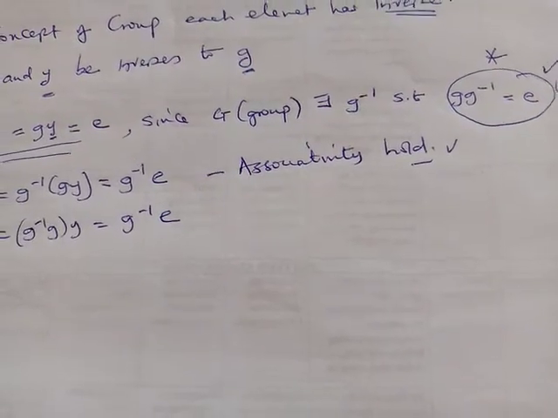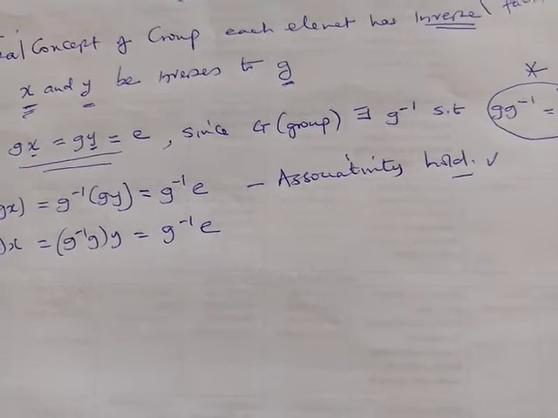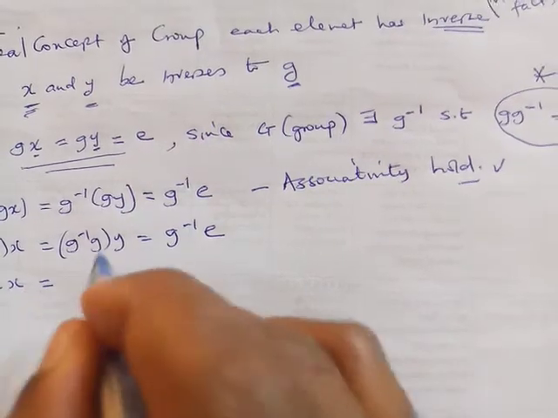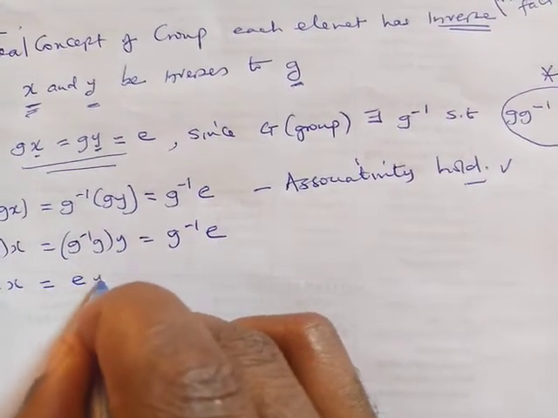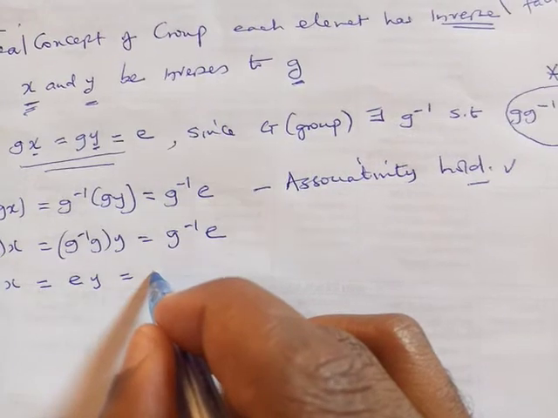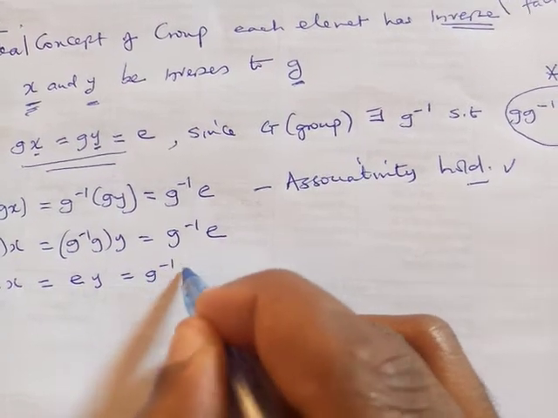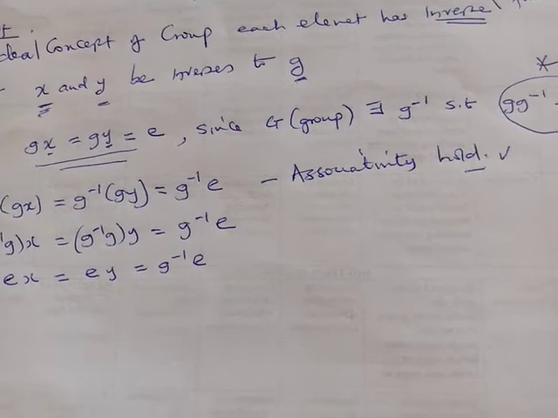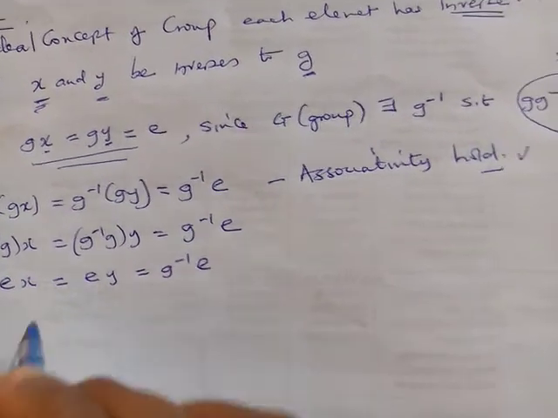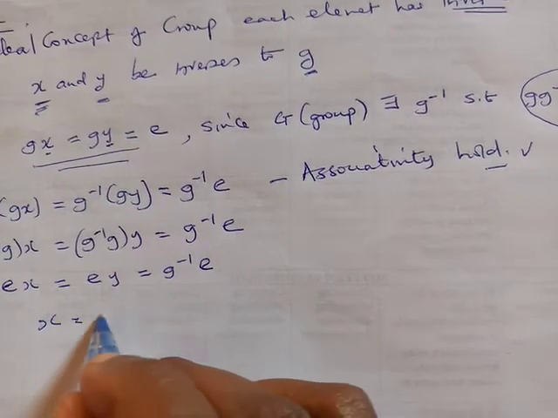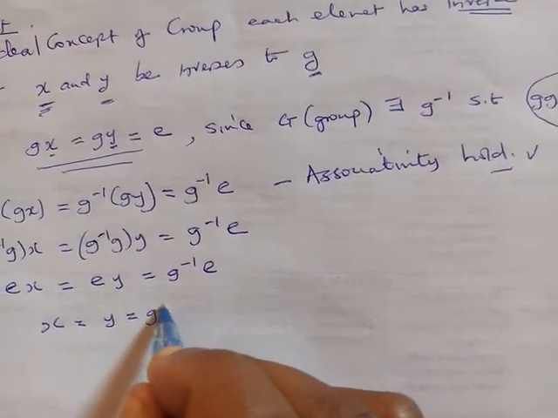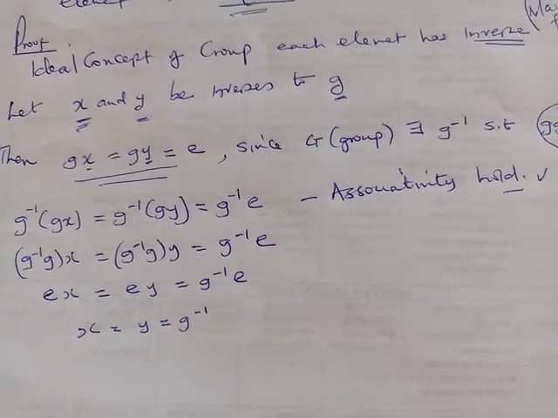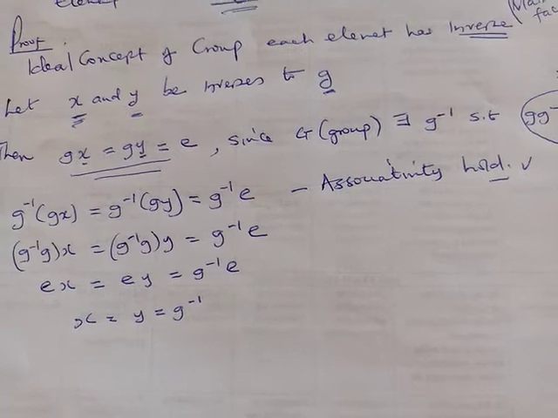That is a fact that we have just introduced here: if you do G and its inverse, you get the identity. So this will become EX being equal to EY, which is equal to G inverse that. And this tells us that X and Y are both the inverse of G in this group.